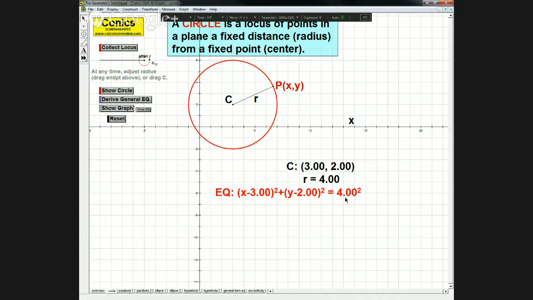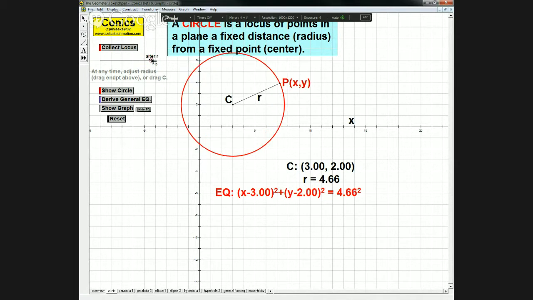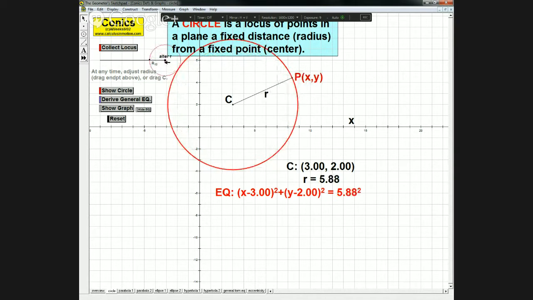Anything you do here, you can change the radius, it changes the r, and that's it. So it's another way to look at it.